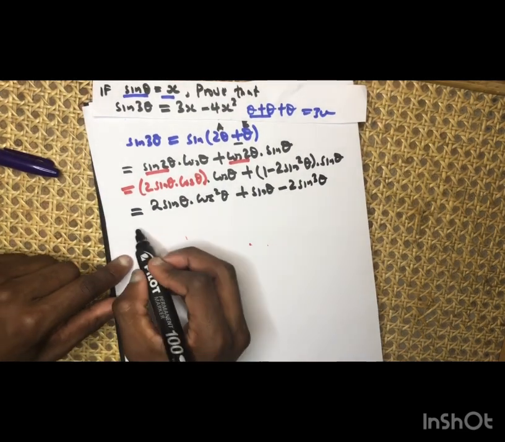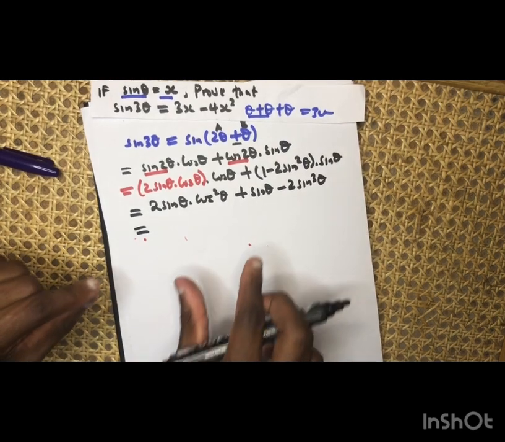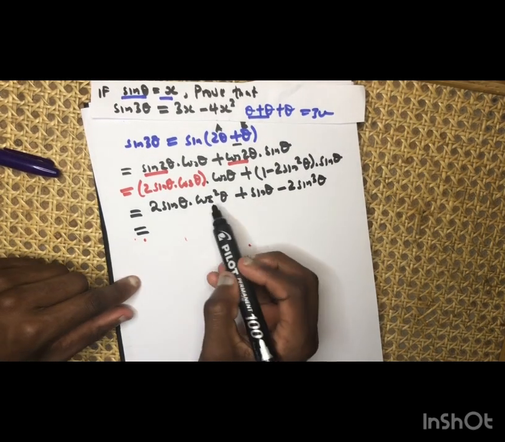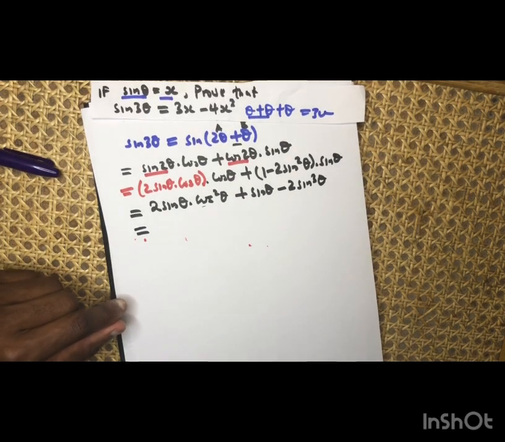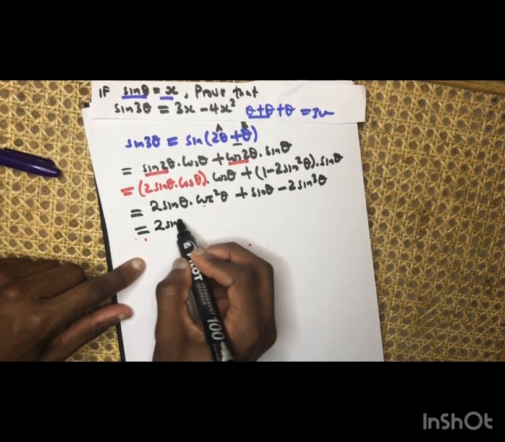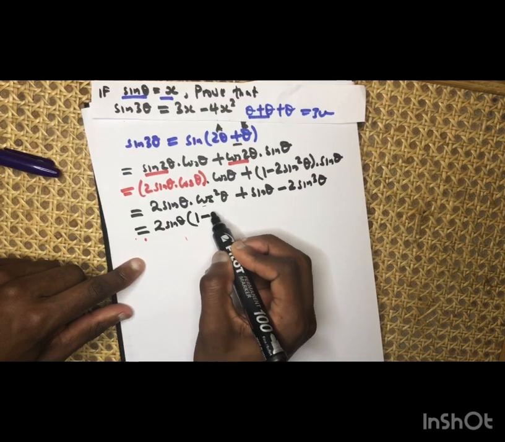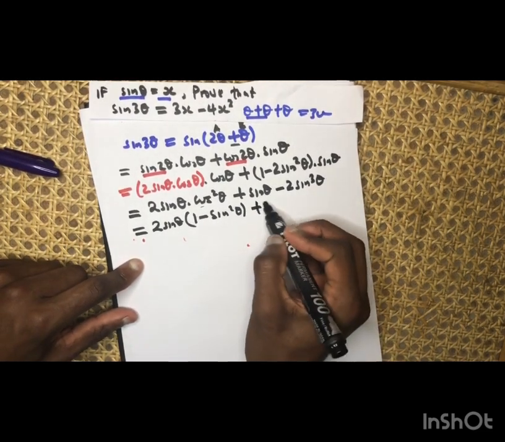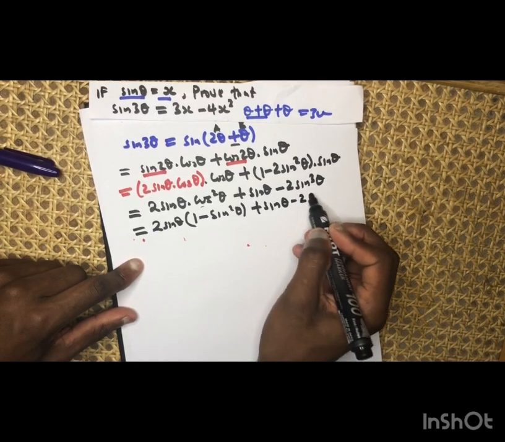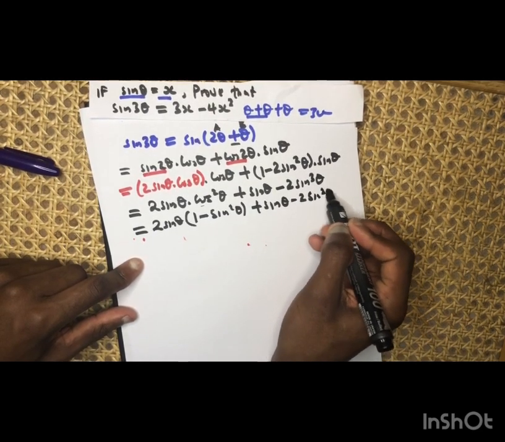Okay, so remember guys, we want everything here to be in terms of sine, so we have to change this cos squared. So cos squared is an identity, so it's going to change to become 1 minus sine squared theta plus sine theta minus 2 sine cube.